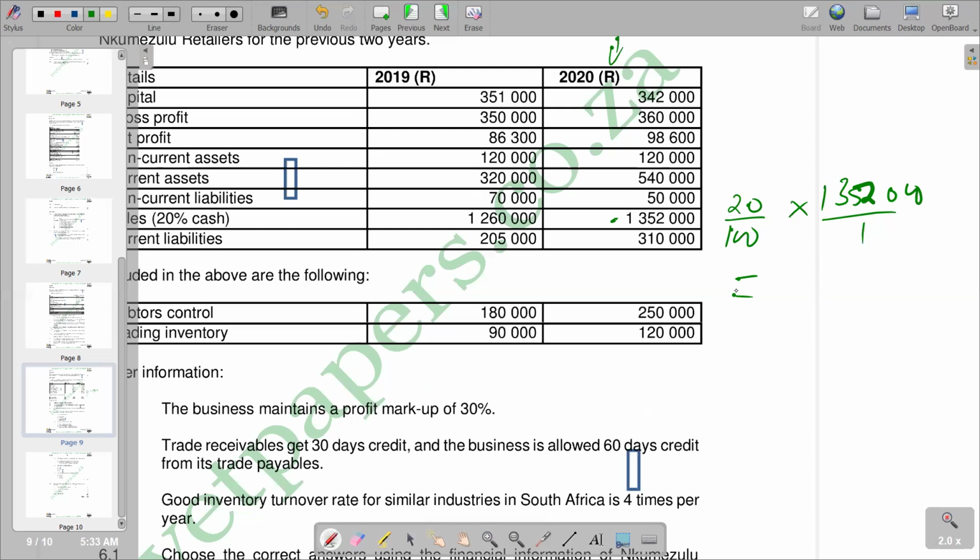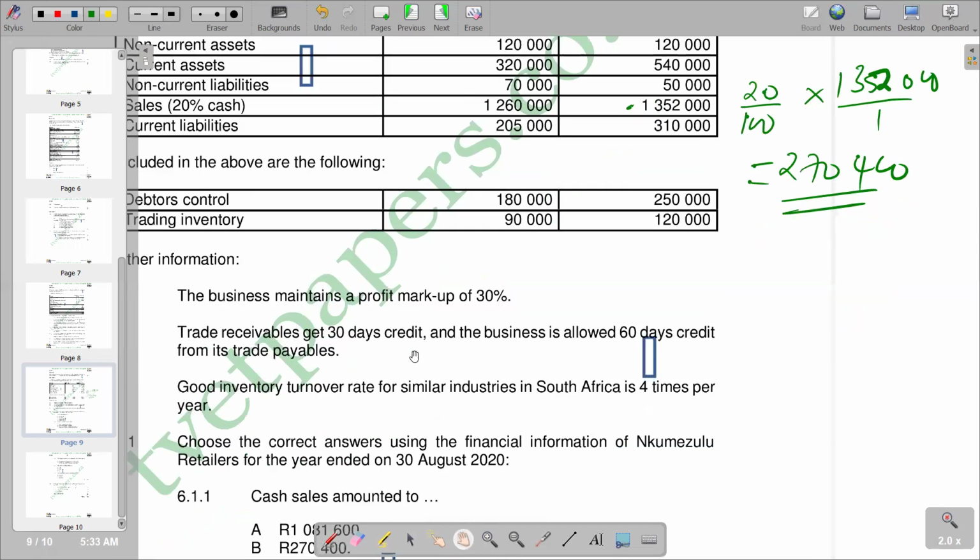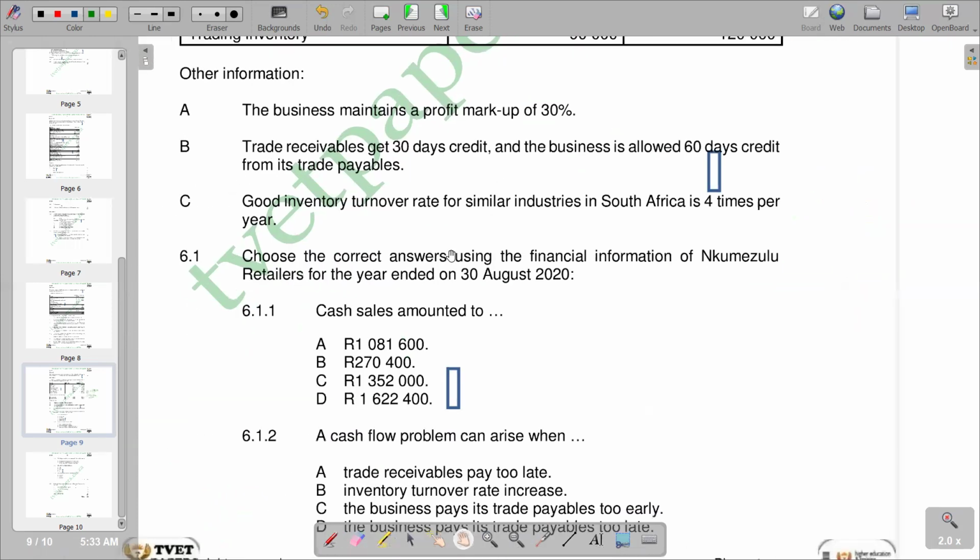You are going to get 270,400. So your answer is 270,400. Now check if we have that answer in our responses. I would say we have it at B. So the answer there is B, and you can indicate B as the correct answer.